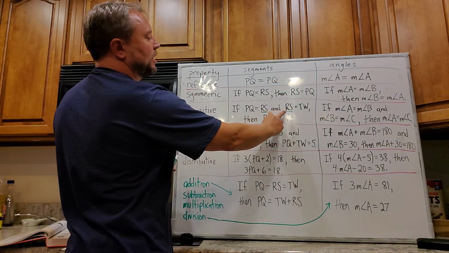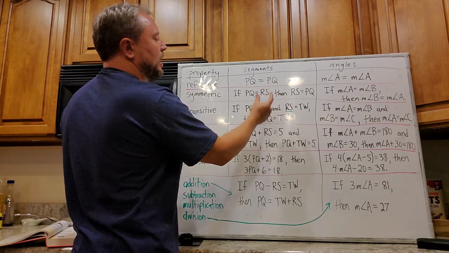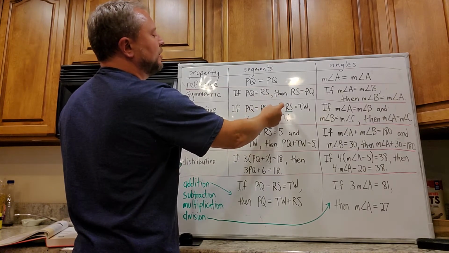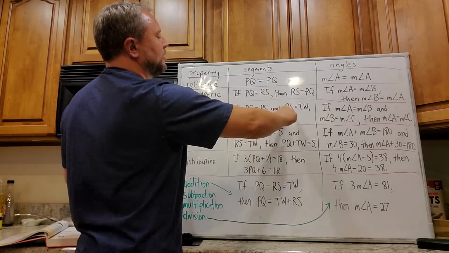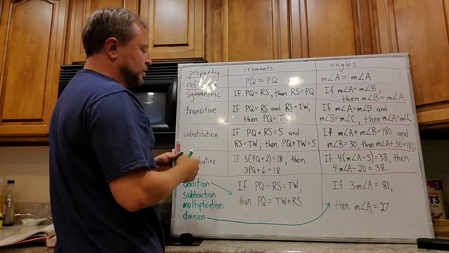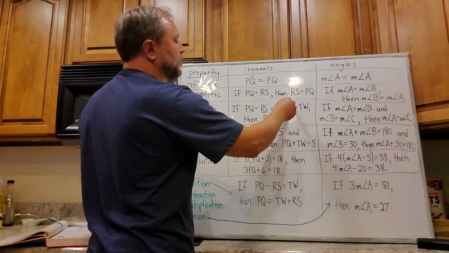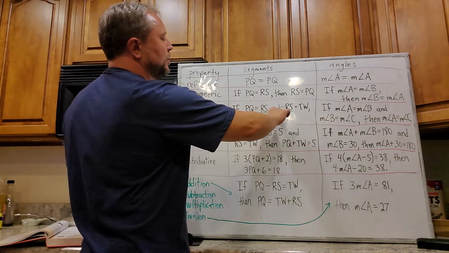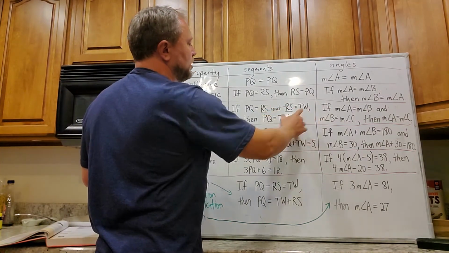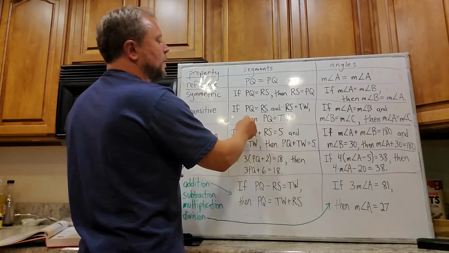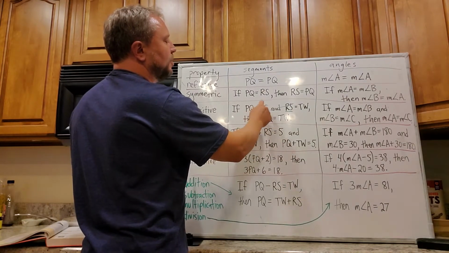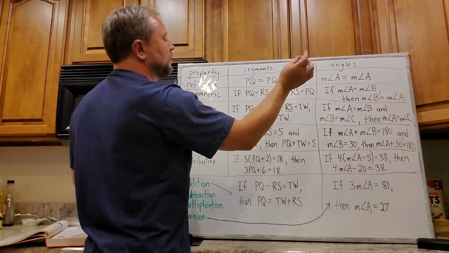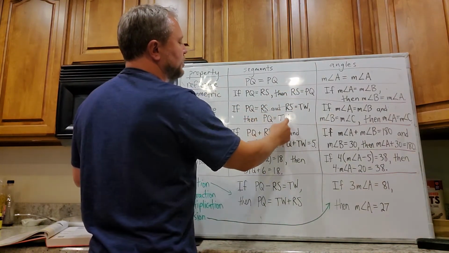Because they had that RS in common, and our middleman is literally in the middle here, connecting the ideas, I can forget the middleman, cancel him out, and just say PQ would be equal to TW. Since PQ is equal to RS, and RS in turn was equal to TW, I can eliminate the middle and just say PQ equals TW.